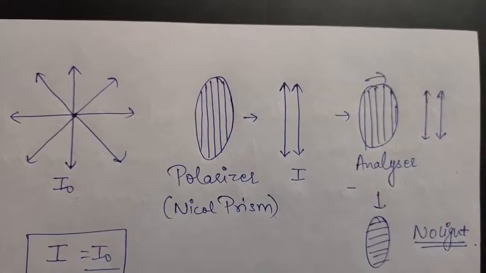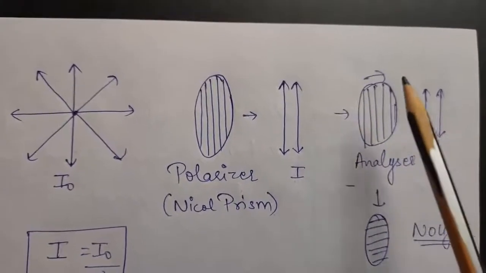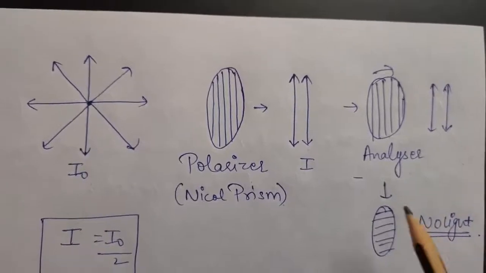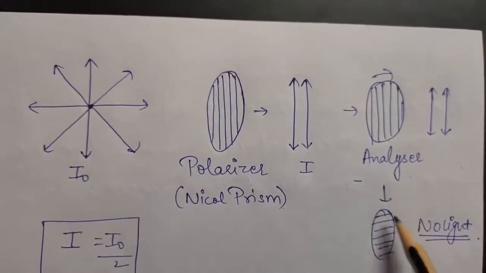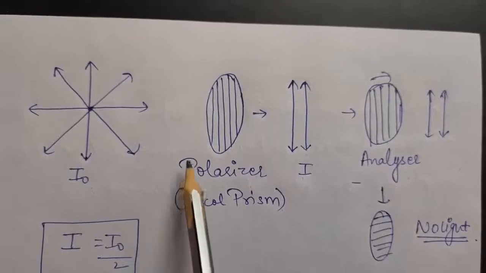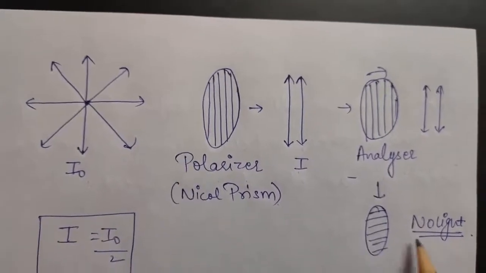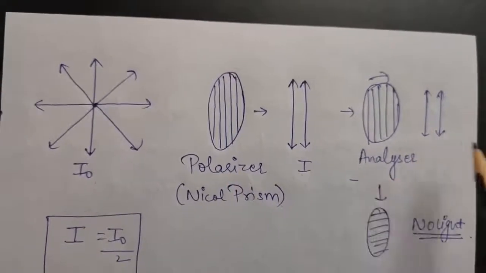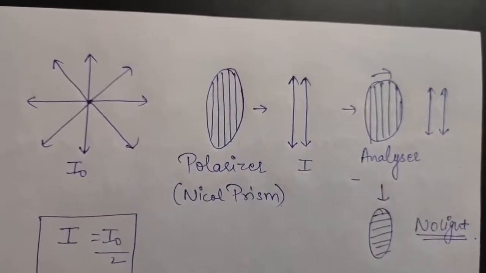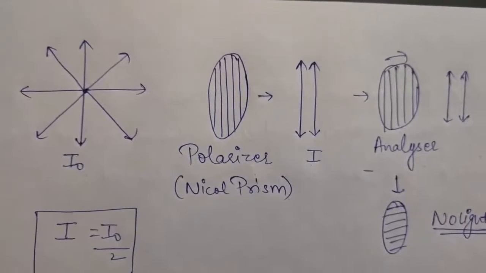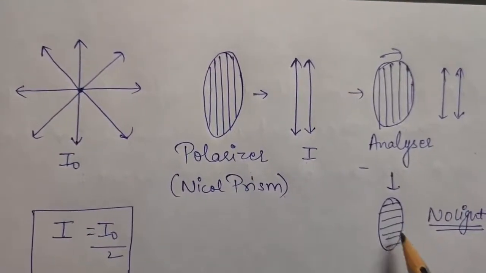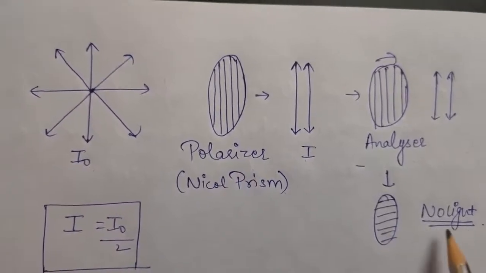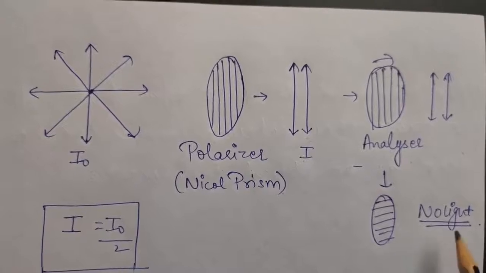But as you rotate the analyzer in this direction, the intensity will go on decreasing, and when the axis of the analyzer becomes perpendicular to the axis of the polarizer, there will be no light, or you can say there will be zero intensity through our analyzer.